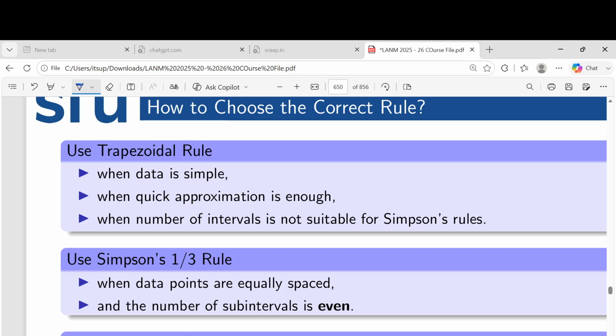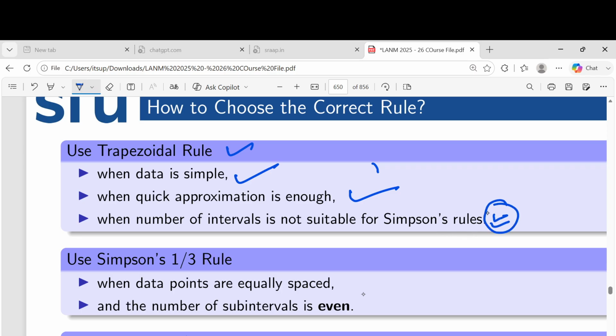How to choose the correct rule? Use the trapezoidal rule when data is simple, when a quick approximation is enough, or when the number of intervals is not suitable for Simpson's rules.